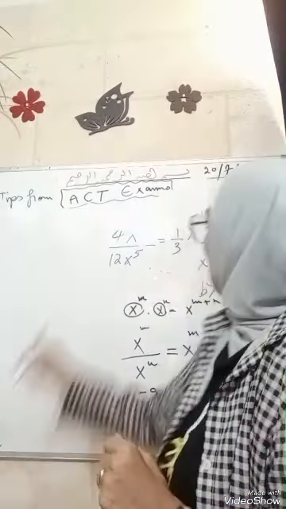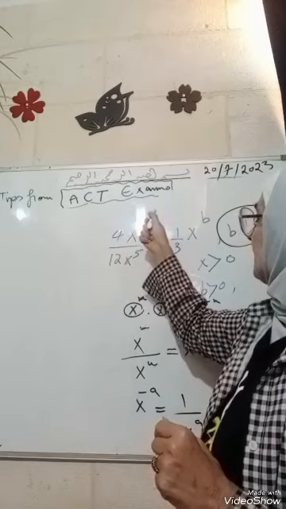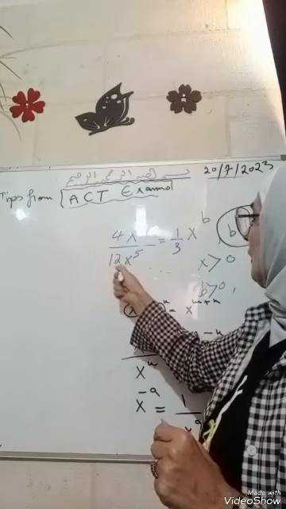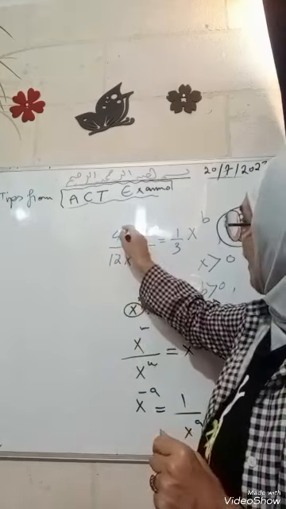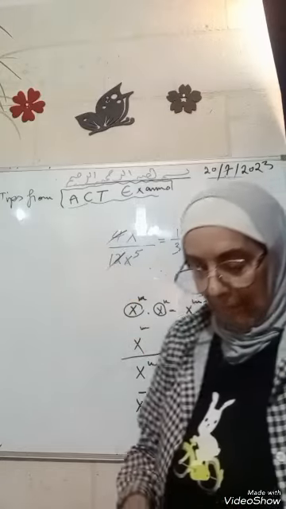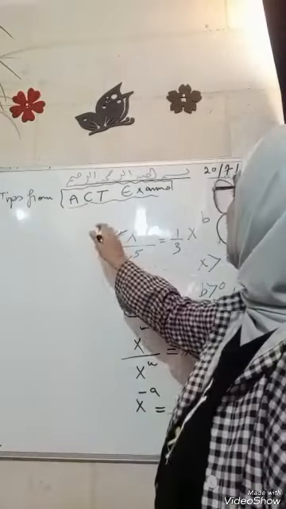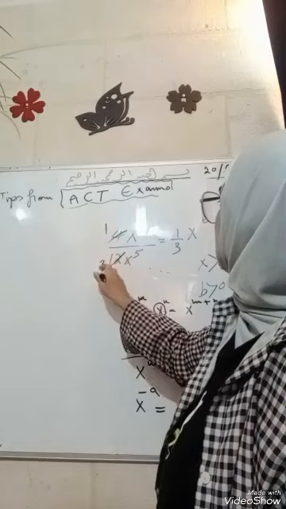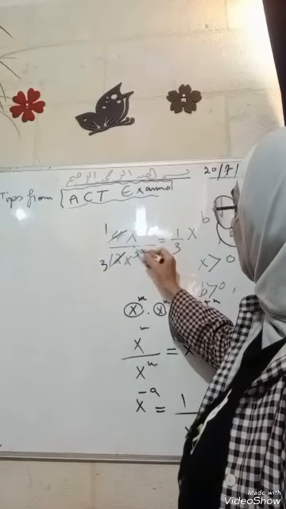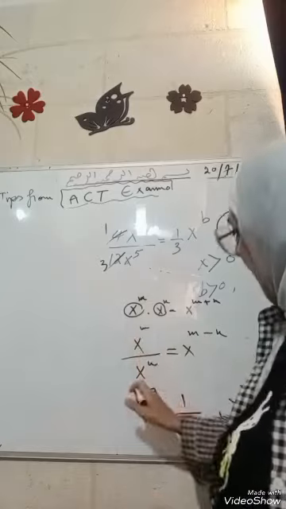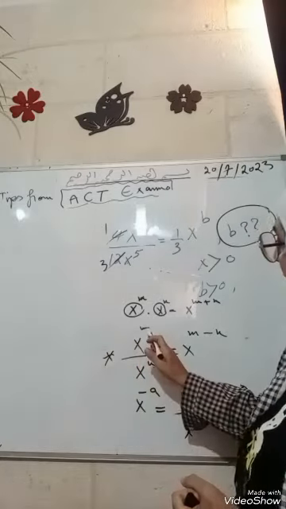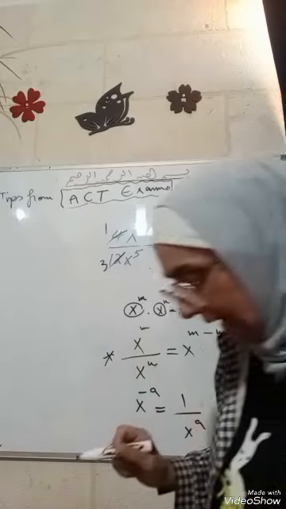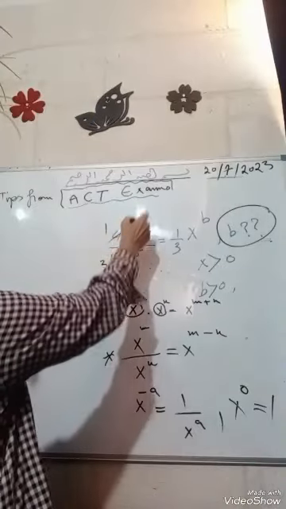So let's begin. Now, 4x raised to 11 over 12x raised to 5. Now I have 4 and 12. 4 divided by 4 is 1, and 12 divided by 4 is 3. x to the power 11 divided by x to the power 5, so I have to subtract the powers.